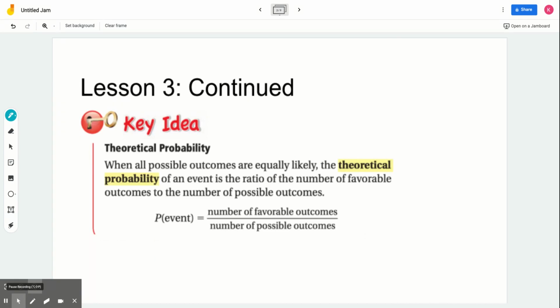So what we just took a look at was the experimental probability when we're trying something. Here we're going to talk about the theoretical probability. So when all possible outcomes are equally likely, so there's an equal chance of each outcome happening, the theoretical probability of an event is the ratio of the number of favorable outcomes to the number of possible outcomes. So think back to favorable and possible outcomes from lesson 1.